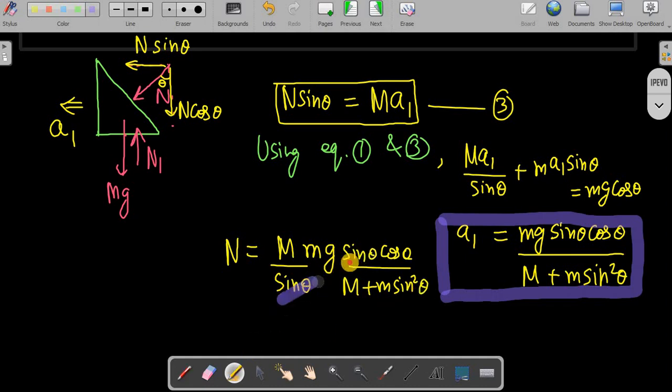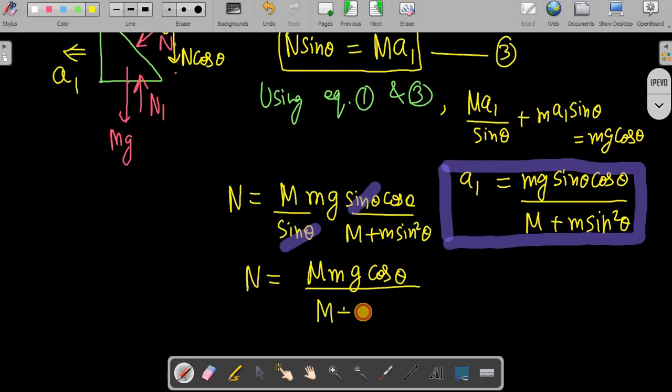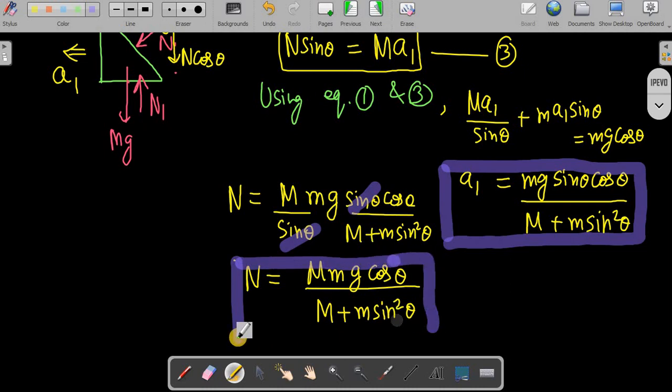So this sin theta factor will go away. So normal can be calculated now: capital M small m g cos theta divided by capital M plus small m sin square theta. Okay, so this is the normal. Normal can be now calculated like this.